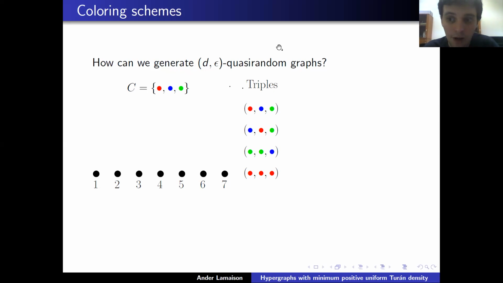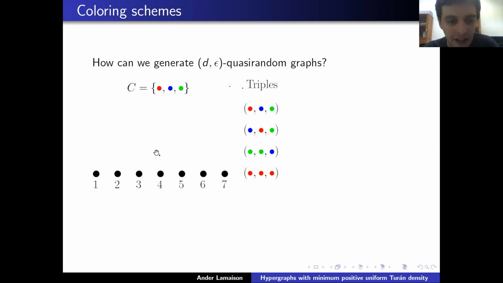And then how do you use a coloring scheme to generate a quasi-random hypergraph? So the first thing that we are going to do is take the vertices from 1 to n, and here it is relevant that these are labeled vertices which come with a certain ordering.